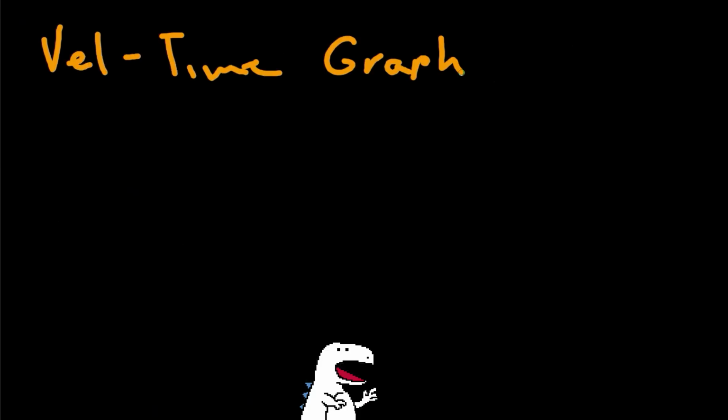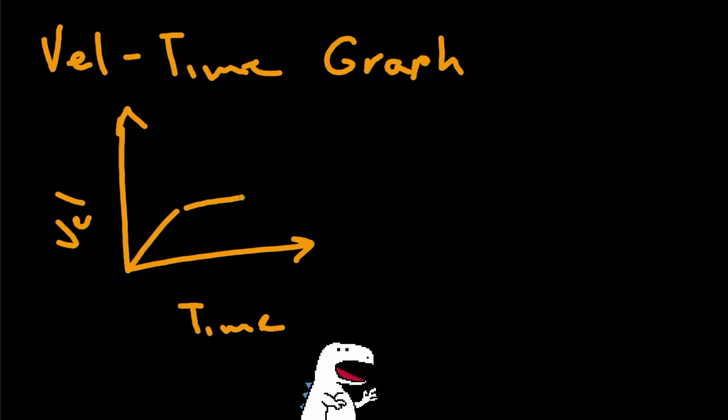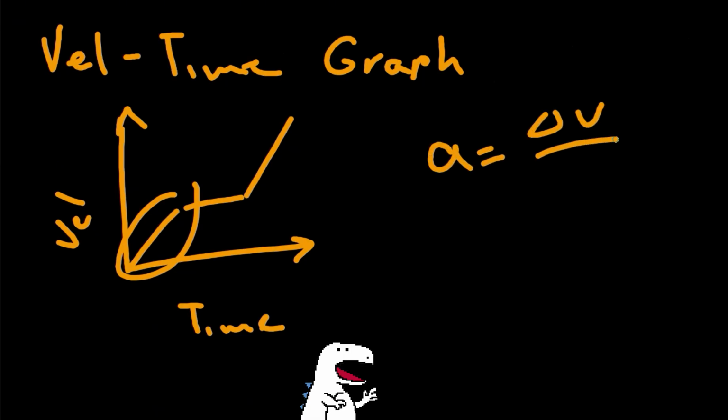Now, let's look at another example, this time of something known as a velocity time graph. This will just be time on this axis and velocity on this one. So if we have a graph that looks something like this, then we can assume that around here we are accelerating, and acceleration, by the way, is just delta v over delta t.